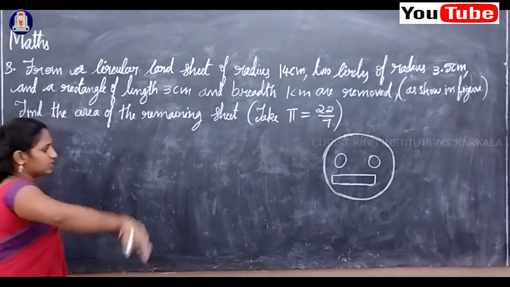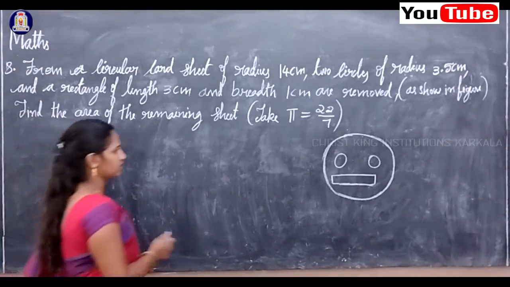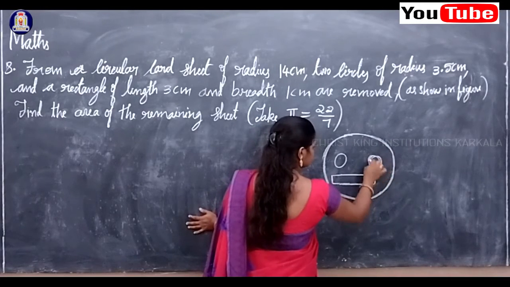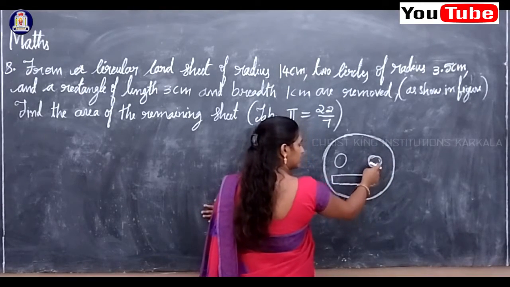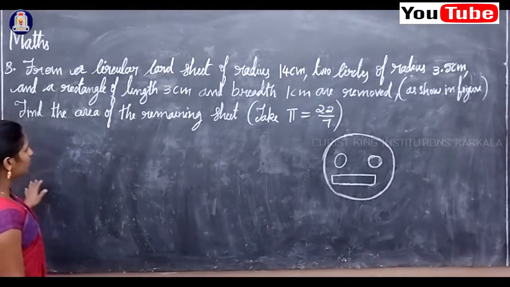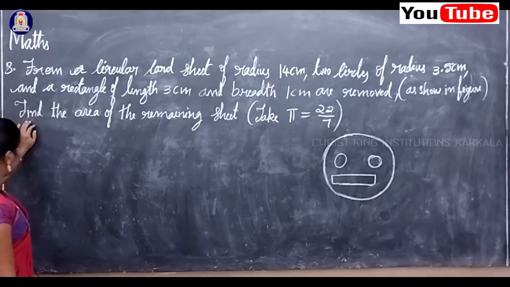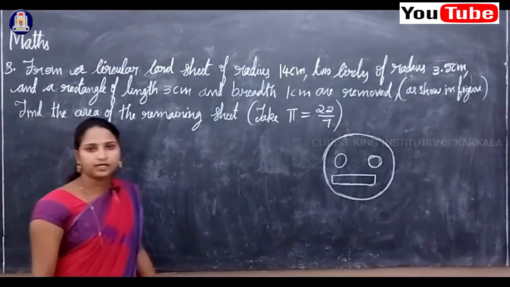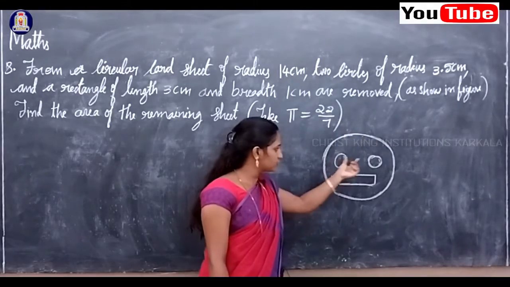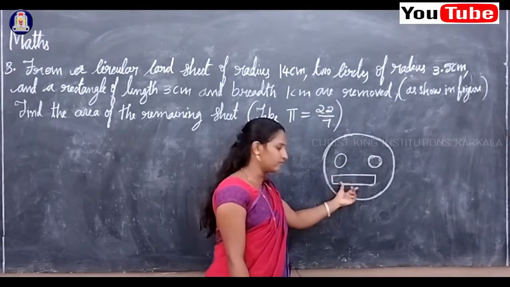So from the large circular sheet, two circles and one rectangle are removed. Now they are asking to find the area of the remaining sheet. So from the large circle, you have to subtract two smaller circles and one rectangle.